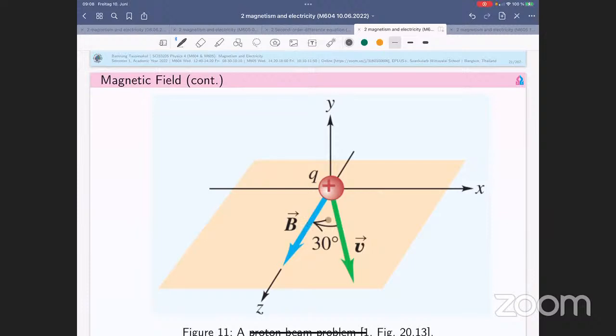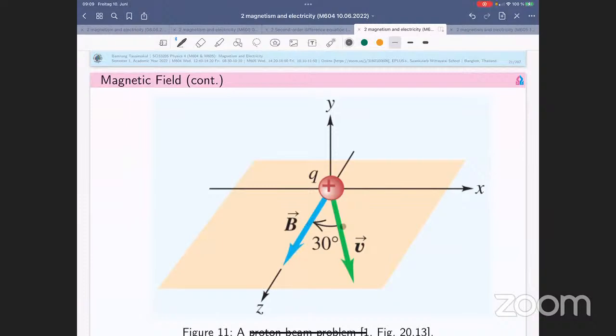It is found that the motion direction of the proton can be measured at 30 degrees from the z-axis, and the magnetic flux density vector is pointing in exactly the same direction as the positive z-axis.